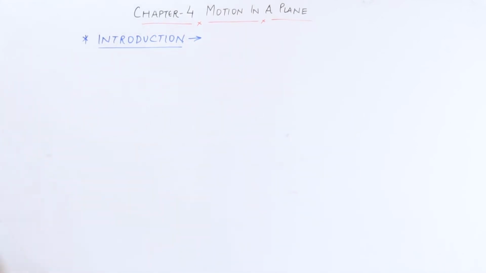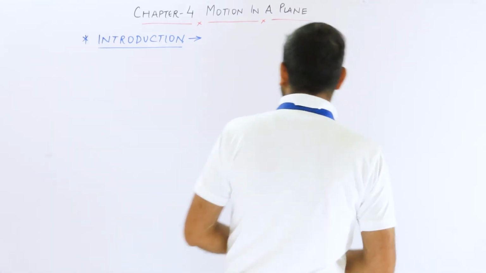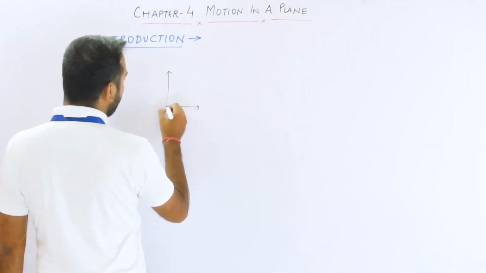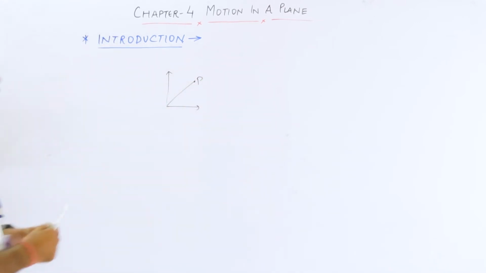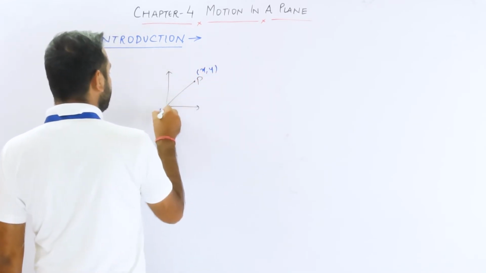Projectile motion. But before that, I will give you a bit of an example of how our position vector looks in the case of motion in a plane. Say this point is (x, y) and this point is 0.